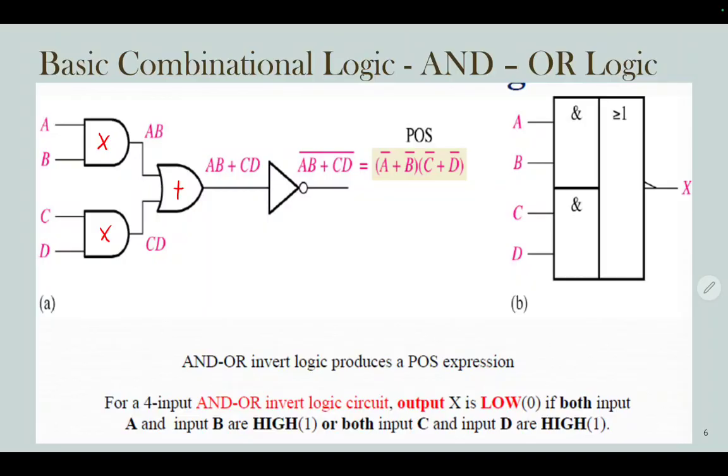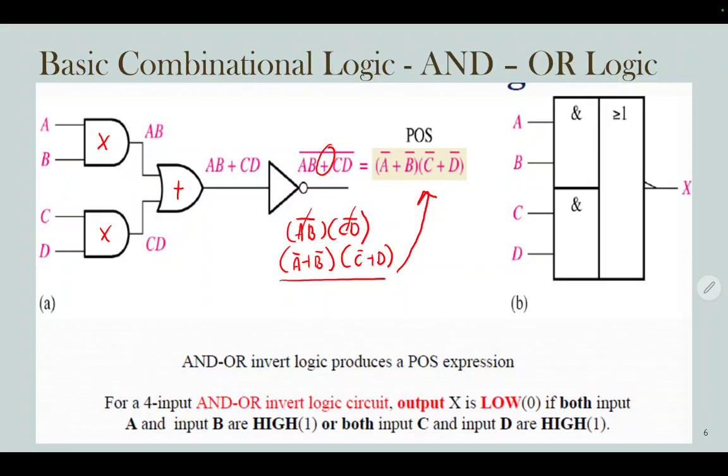If you use De Morgan's theorem, you got AB bar times CD bar, and by using De Morgan's theorem, you got A bar plus B bar times C bar plus D bar. So that's where this equation comes from.